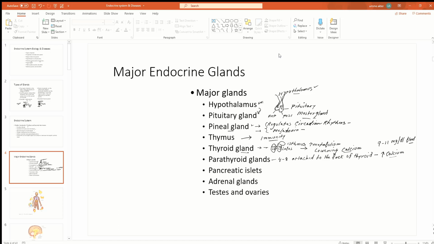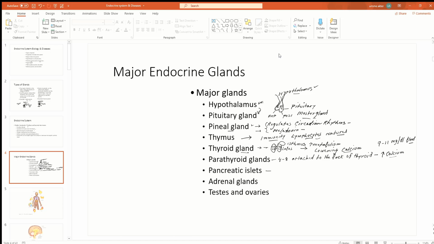Okay, so your lymphocytes get matured there. Lymphocytes, one type of white blood cells, get matured inside the thymus. So the lymphocytes will fight against the microorganisms or antigens.